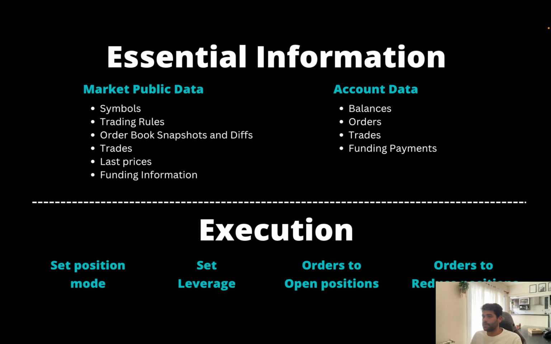This also is shared with the spot connectors, and there are some rules in exchanges, like for example, if you want to send an order to buy, I don't know, 1 cent of Ethereum, you will probably get a message saying, hey, this amount is very low, you cannot buy 0.1 cents of Ethereum, in dollars of Ethereum, because the minimum is $10, for example.